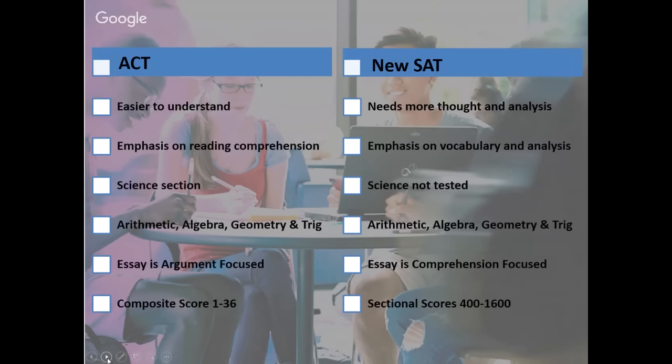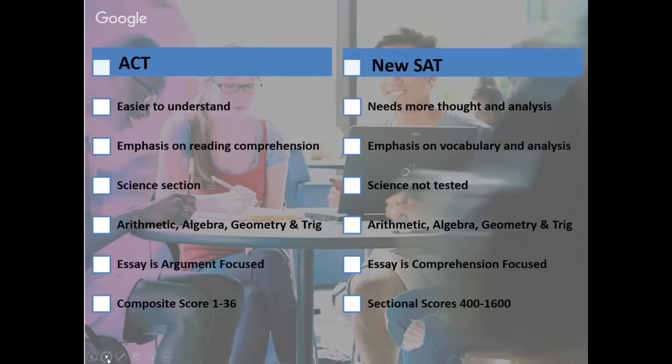On the ACT, the essay is argument focused, so it will want you to take a topic and argue a position, whereas the SAT is more about comprehension, the fact that you understand the question and you can write about it. So if you're more skilled and talented in argument based writing, you may prefer the ACT, whereas if you prefer more comprehension based writing, you may prefer SAT.